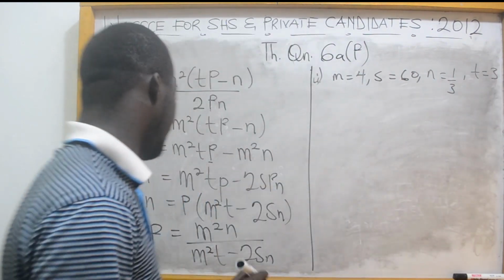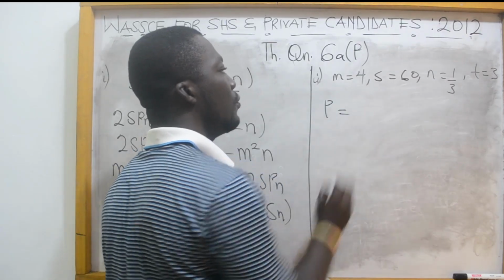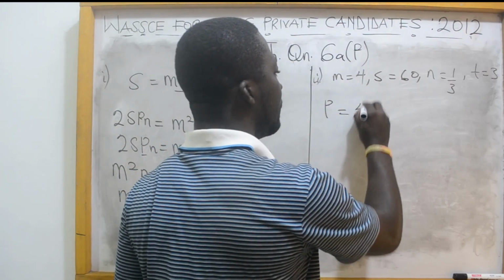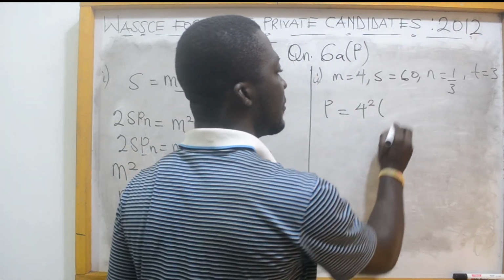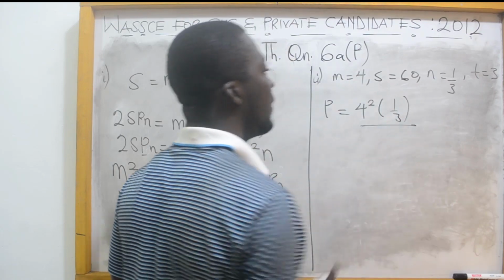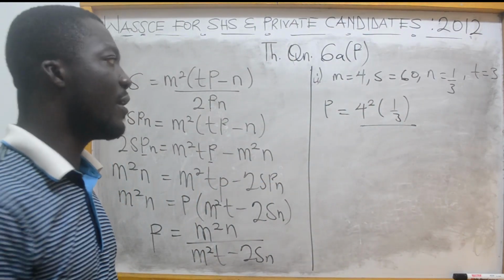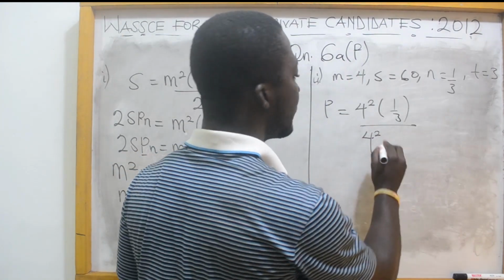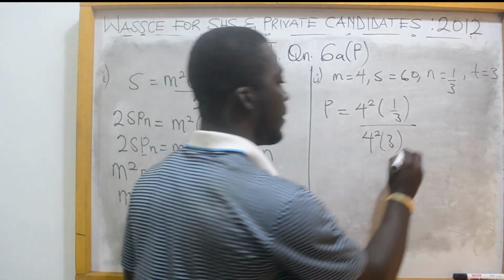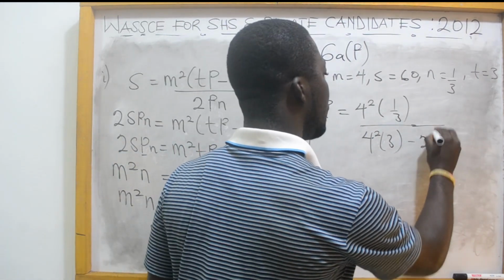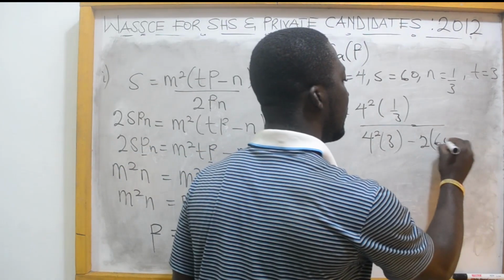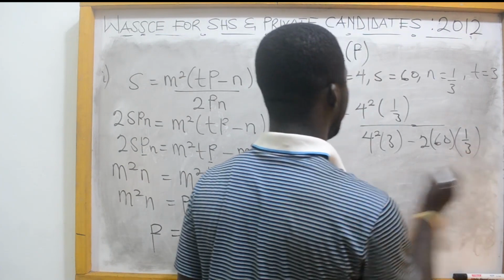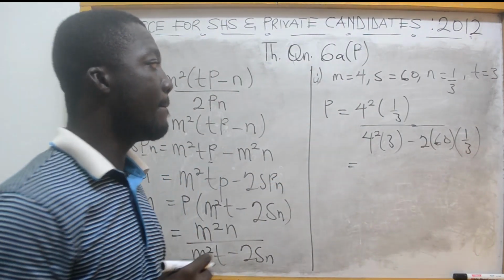We are going to do a substitution. p is equal to m squared n. The value of m is 4, so 4 squared, n is 1/3, divided by m squared t, the same 4 squared, t is 3, minus 2, the value for s is 60, times n, which is 1/3. So 4 squared is 16.